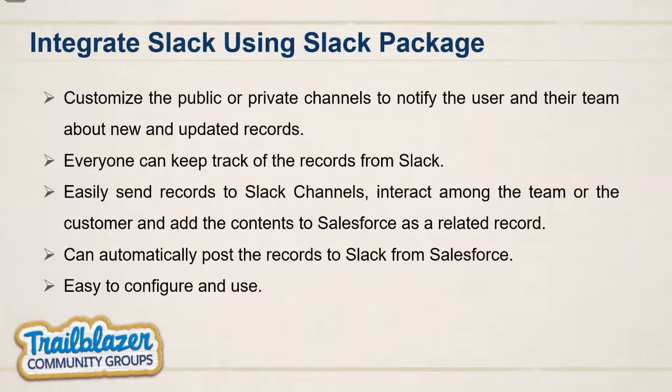Along with that, we can mention which fields we have to post to the channel. For example, if an account record is created, we post only the account name, email, and account number to Slack. There is no code involved, everything is in the AppExchange product only, so it is easy to configure as well.